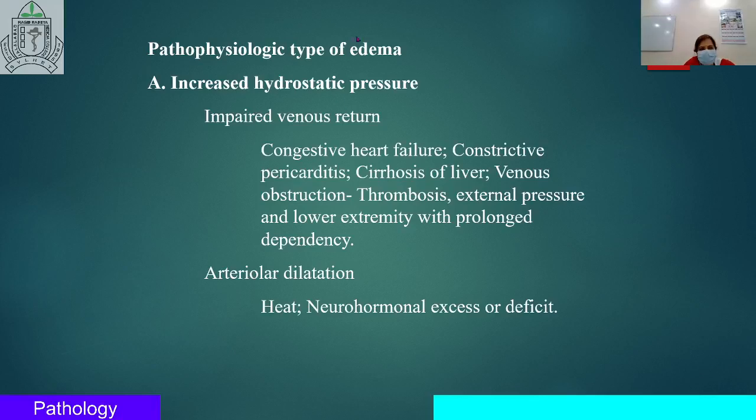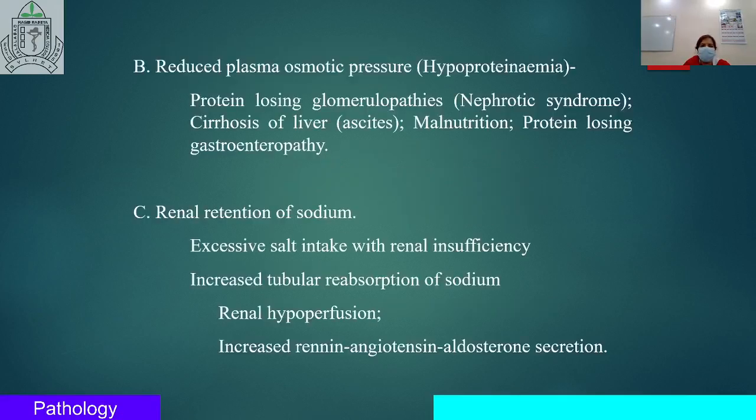This is very much important. You already know the pathophysiological classification of edema. There are four mechanisms. Increased hydrostatic pressure. Before this, we should know why edema usually does not occur. There is a balance between hydrostatic pressure and colloidal osmotic pressure.